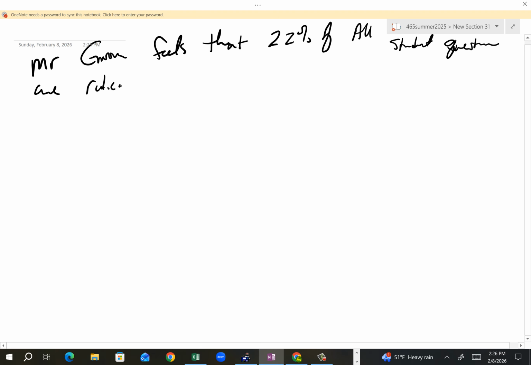Mr. Groom, why can't 2 equal 0? Mr. Groom, why is belly button lint lighter colored oftentimes? Mr. Groom, what would happen if I did, whatever. Yeah, 22%. Nice.